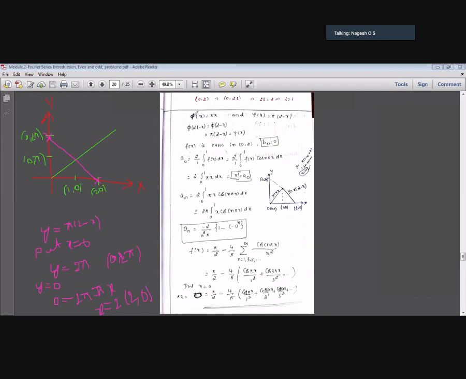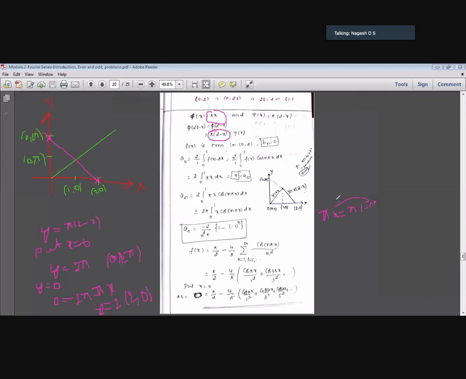Next, points of intersection. Points of intersection means pi x equal to pi into 2 minus x. If you take that, you will get pi x equal to 2 pi minus pi x.